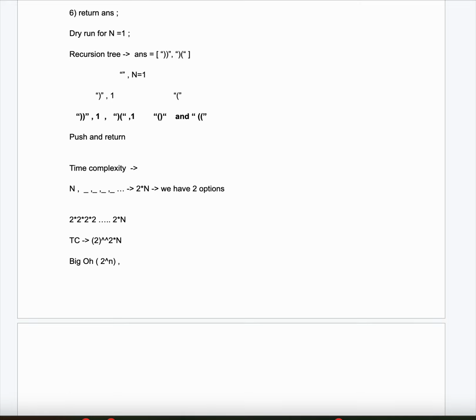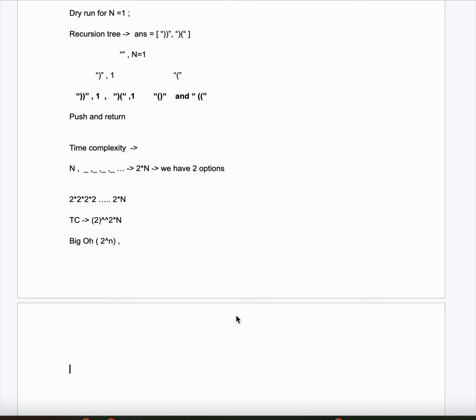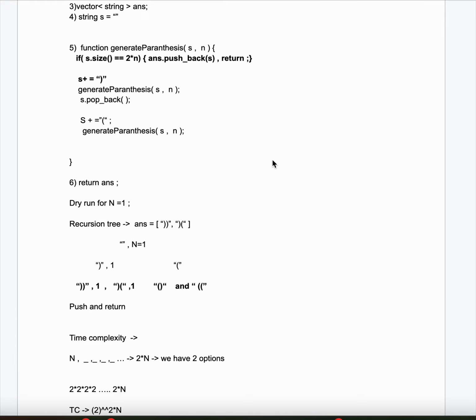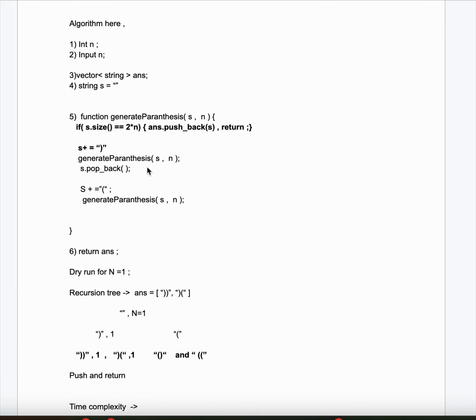Likewise we can talk about space complexity. Space complexity is the max depth of this function.